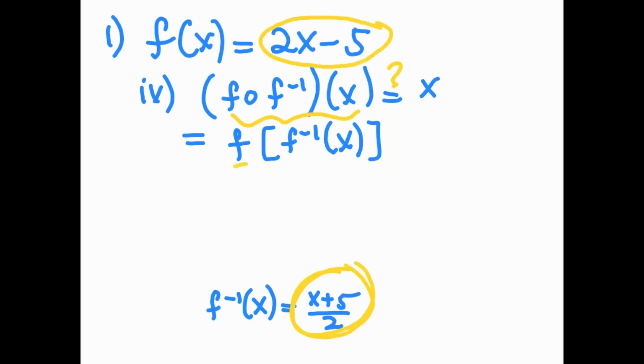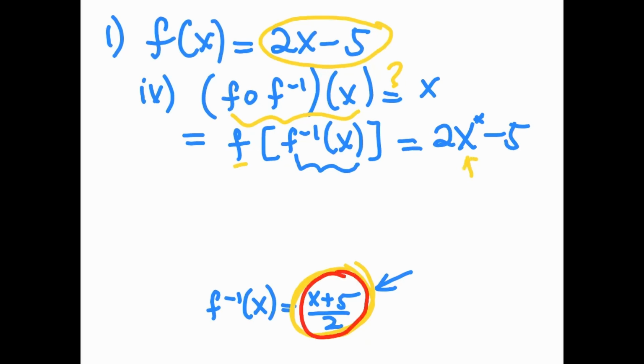So this will be something like 2x minus 5. But to differentiate this x from the original variable x, we'll have it as x star. Take note, this is f inverse of x, whose expression is equal to this one here. So we'll replace this x star with this x plus 5 all over 2.